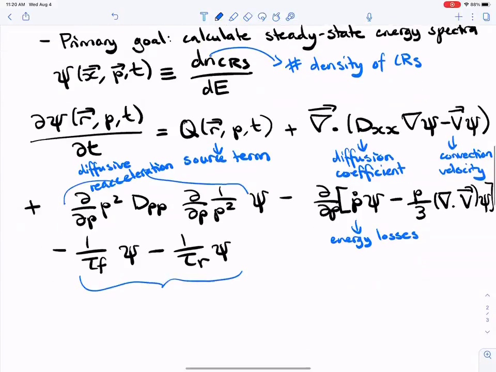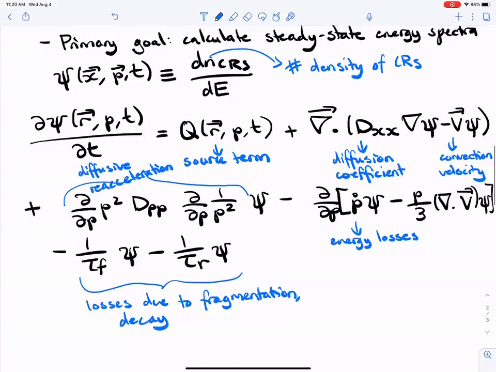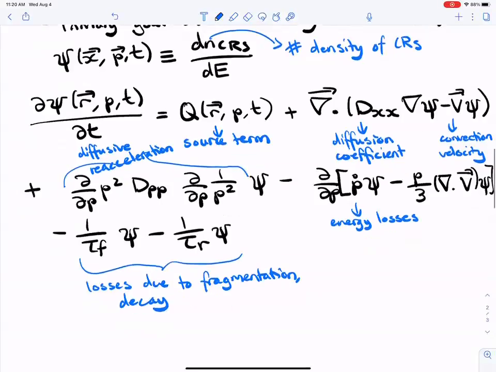And these are the possibility that some of these particles are just decaying away or are striking the gas and disappearing into a shower of secondary particles. So the tau F is for fragmentation, and the tau R is just if these are unstable cosmic rays. In general, this is the kind of equation that these codes are solving under the hood.